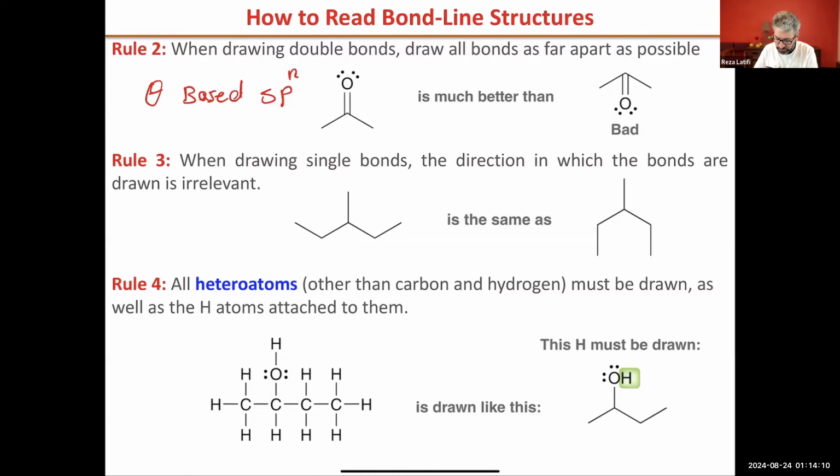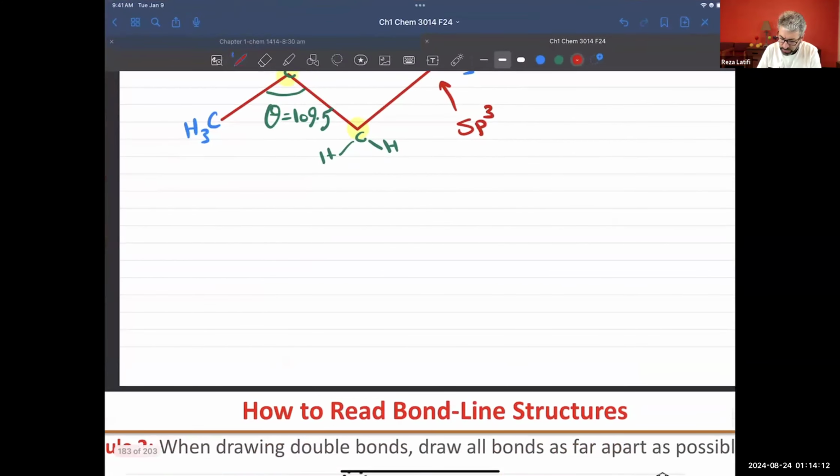So for example, if you have a carbon attached to oxygen, and that carbon has 3 hydrogens. Again, I said whenever you have a heteroatom, you need to show the hydrogen attached to it. So here you go. That oxygen is not at octet, so you need to add 2 lone pairs to it.